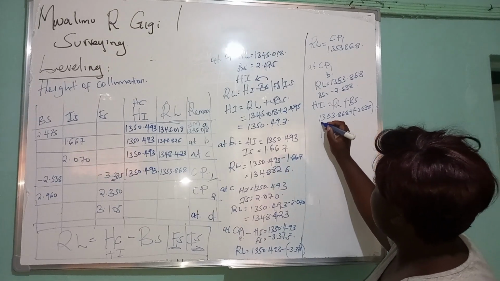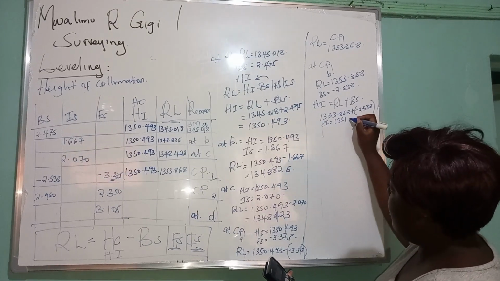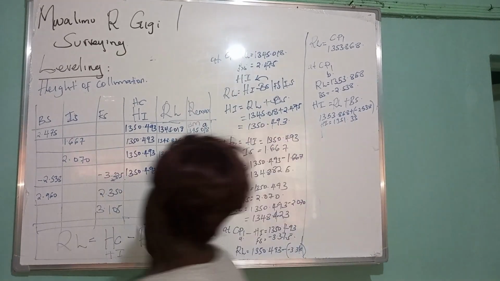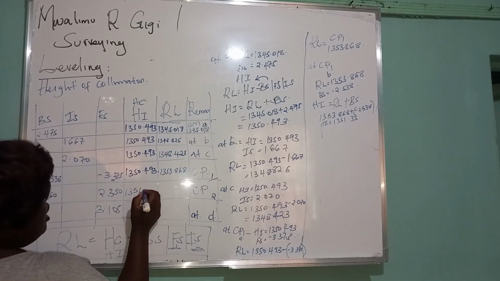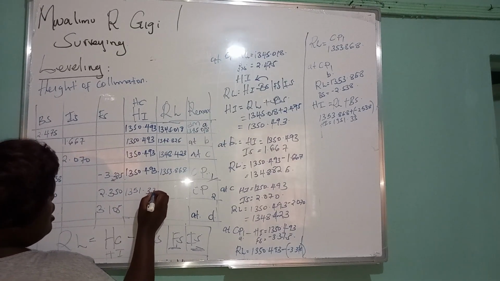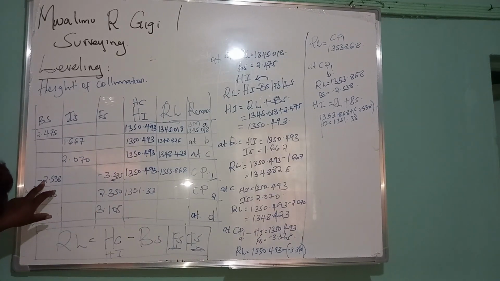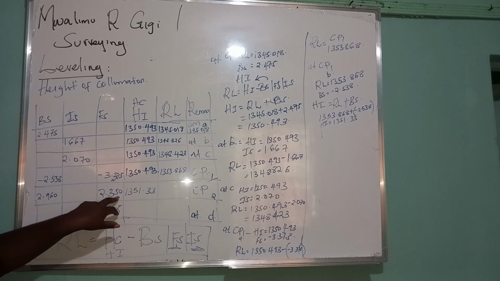So the height of instrument is 1351.33. With this height of instrument, we have taken the backsight and we also have a foresight.